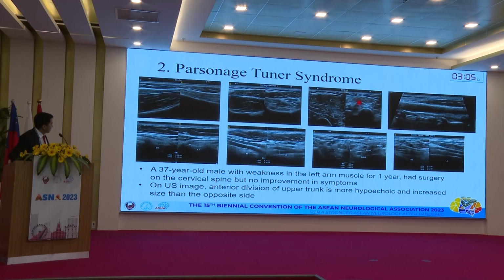Hyperechoic, and it's smaller than the opposite side. And when scanning the brachial plexus, you can see it's more black and bigger in the trunk. And also we can see the anterior division of the upper trunk on the left side is bigger than the right side.